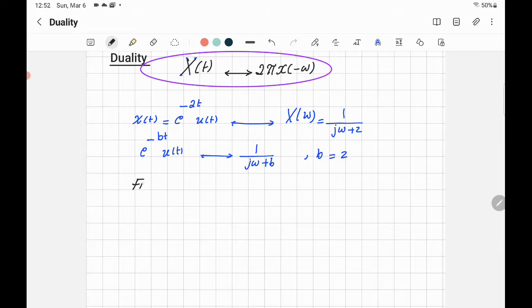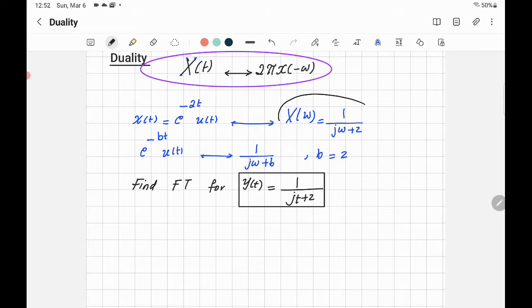Find the Fourier transform for y of t, where y of t is equal to 1 over j t plus 2. So what you observe, this is a signal as a function of time, a signal in the time domain, but it looks like the one we just got here.